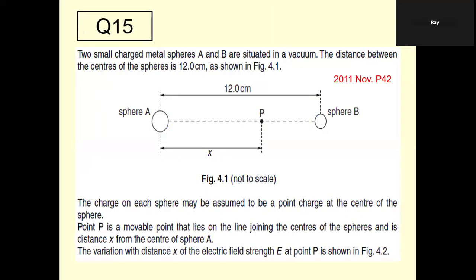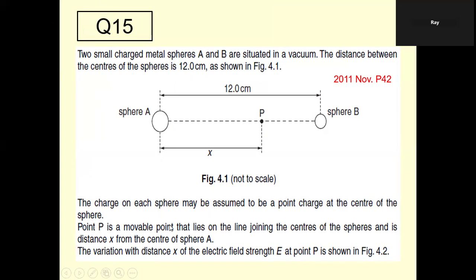Okay, we won't be able to finish this, but you can try it, and then we will try to answer it in our next lesson. Two small charged metal spheres A and B are situated in vacuum. The distance between the centers is 12 cm. The charge on each sphere may be assumed to be a point charge at the center of the sphere.